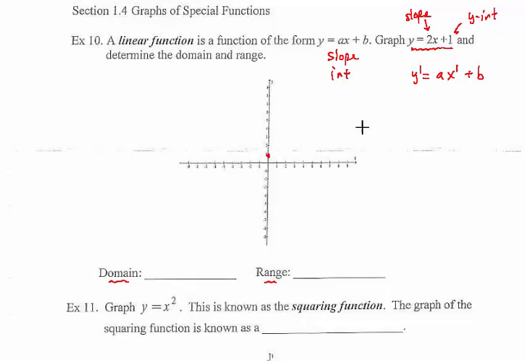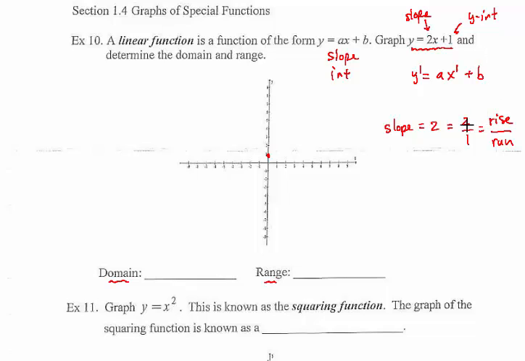Alright, now if the slope is equal to 2, what we can do is write it as a fraction, 2 over 1, and we interpret the numerator as the rise and the denominator as the run. Okay, rise is up or down, run is left or right.